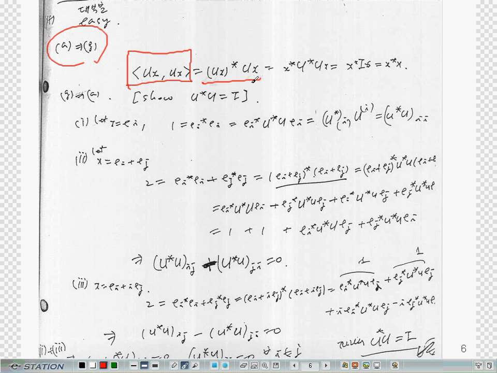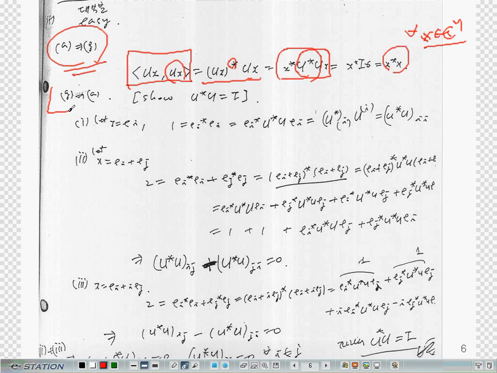Then from the definition, you have UX star here and UX here. That gives us this. But from the definition of the unitary matrix, we have the identity in the middle of X star and X. So we have X star X for any X in Cn. Okay? So we have this.